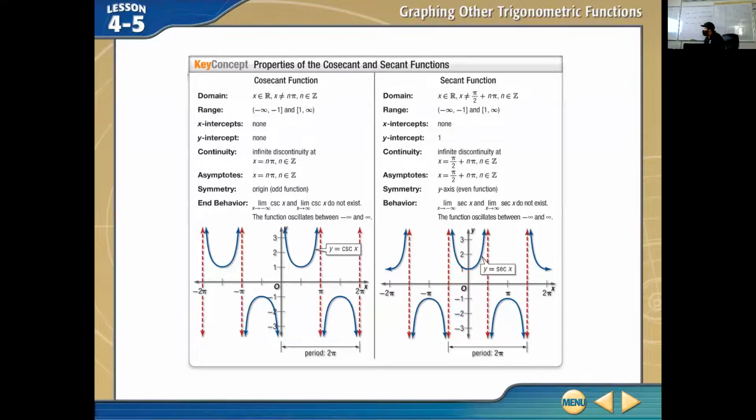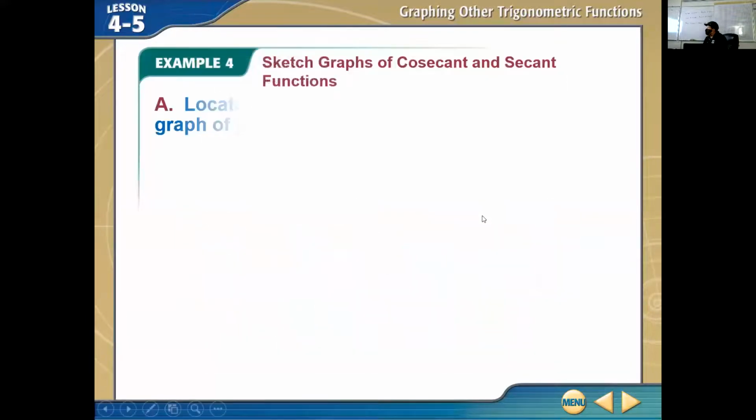Infinite discontinuity at x equals pi halves plus n pi, so every pi halves, or whenever cosine would have an x-intercept. It has y-axis symmetry the same way that cosine does. Okay, so really we're graphing the same stuff. I'm going to show you how it kind of works. The book's method is a little bit different. It kind of complicates it a little bit more.